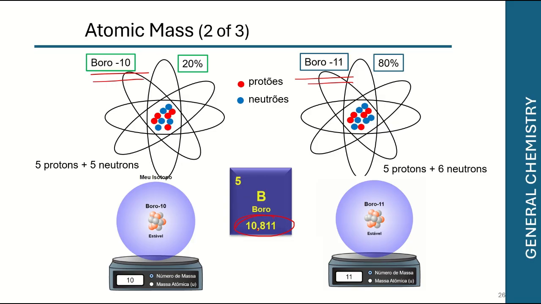So the boron, that is the mass, the average. How is it done? Is it 10 plus 11 divided by 2? No, right? Because that would be a simple average. We need to take into consideration the availability of each one. 20% of what we're going to find on Earth is boron 10. 80% will be boron 11.